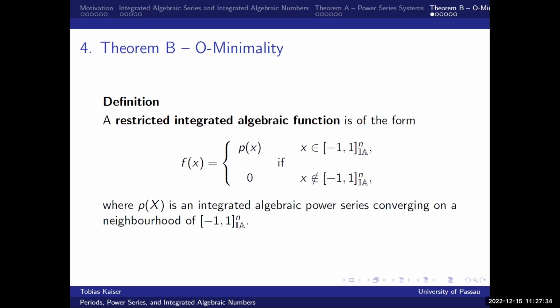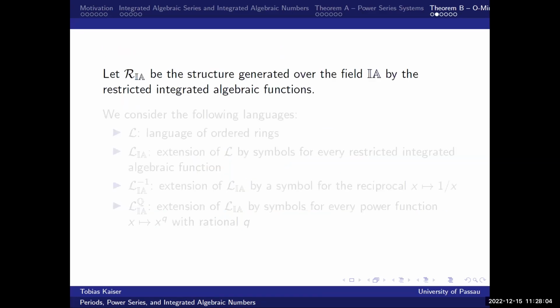I take an integrated algebraic power series, convergent on a neighborhood of the closed unit cube, but only on this field. And outside, I extend it by 0. So this only has components from this countable field. And let R_EA be the structure over the field IA given by these restricted integrated algebraic functions.